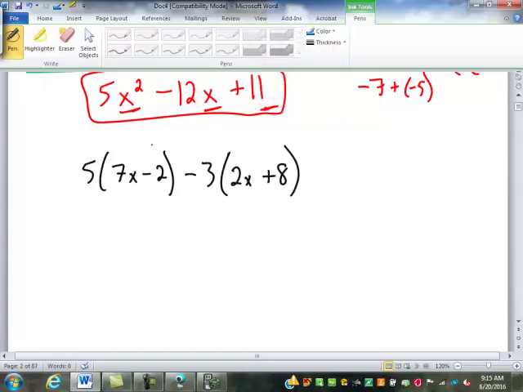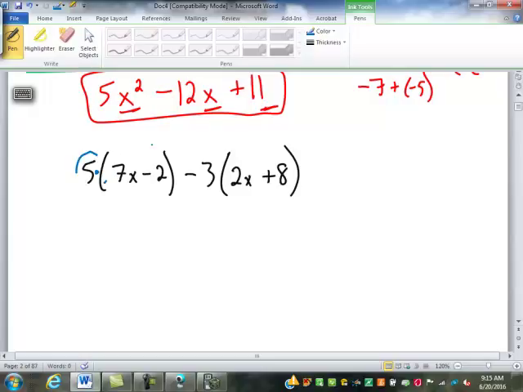So, we see parentheses, which should always draw us to do something here first. So our first set of parentheses, is there anything that can be done inside that set of parentheses? No. 7x minus 2, we cannot combine anything there. Is there anything that needs to be done to that set of parentheses? Times the 5.